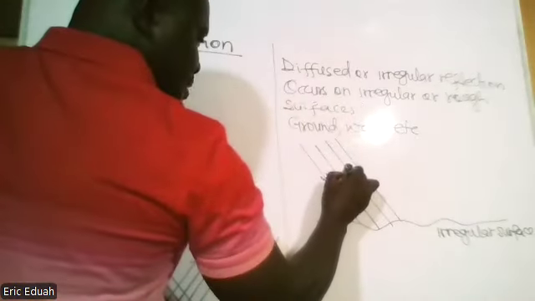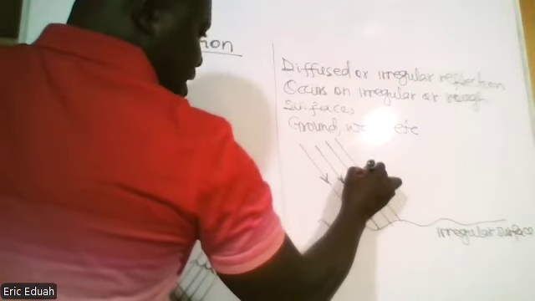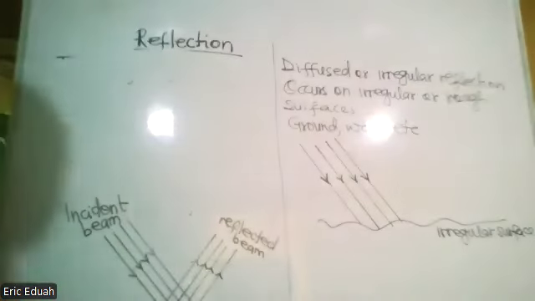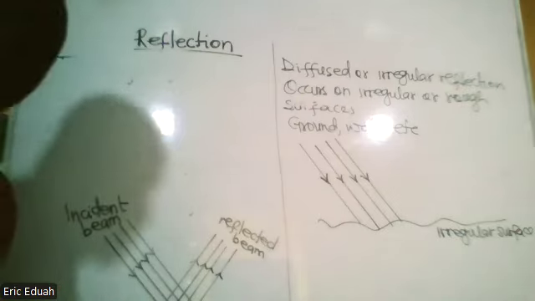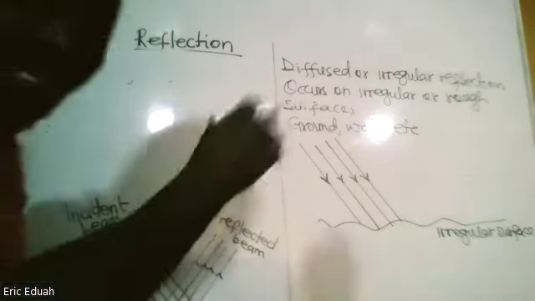But due to the uneven nature of the surface, the reflected rays are scattered.